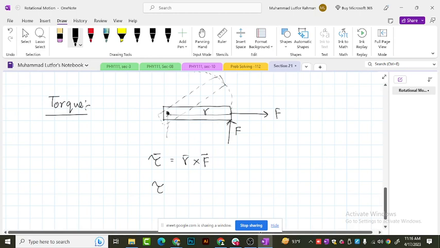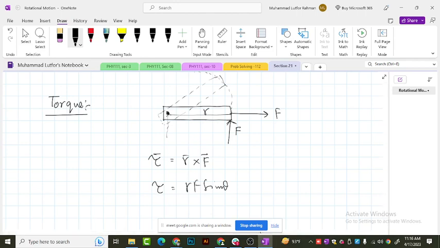You will find its magnitude is r F sine theta, right? You know that from the vector chapter. The theta is the angle between your force and the line joining these two points. Sometimes it's also called the lever arm. This r is the lever arm.